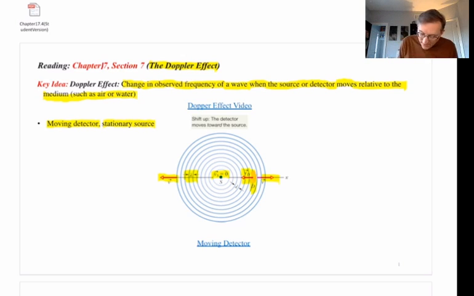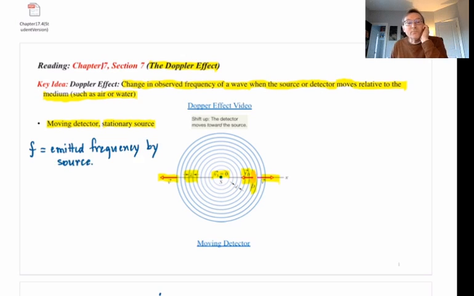Well, one thing we have to be clear about, let's just use the symbol F to be the frequency emitted by the source. That's the frequency it emits. Let's use F prime, I'm using your book's notation, to be the frequency that the detector measures.